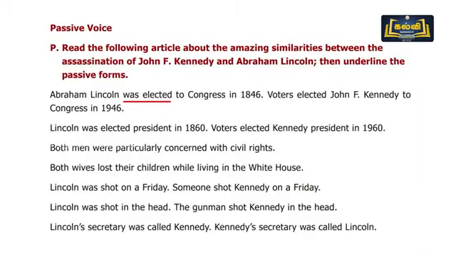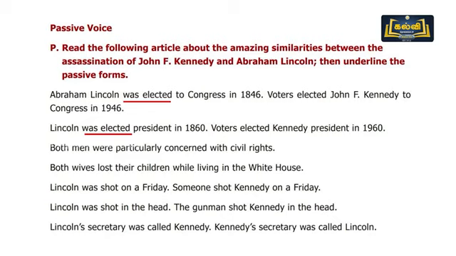This is the passive form used in this sentence. So, you will underline was elected. Lincoln was elected president in 1860. Here again was elected. Voters elected Kennedy president in 1960. See, here elected is the past participle form of the verb.